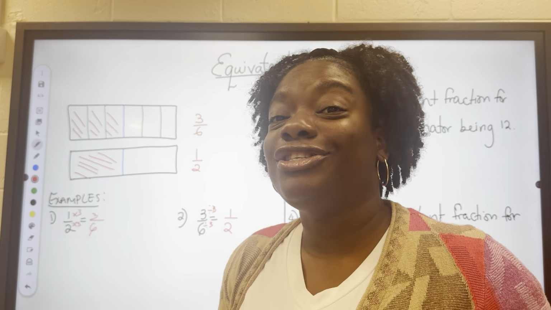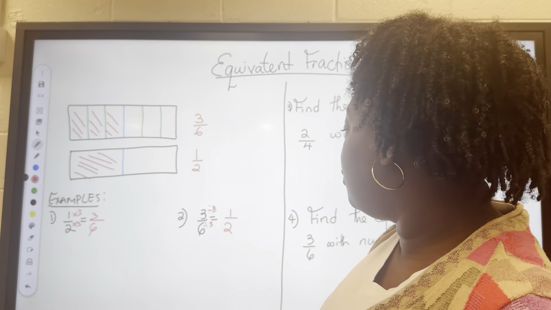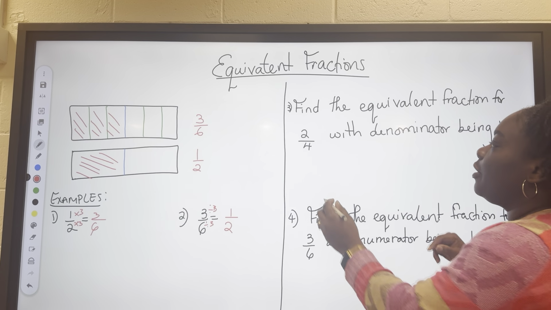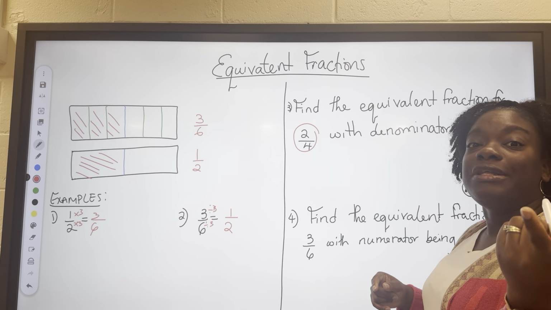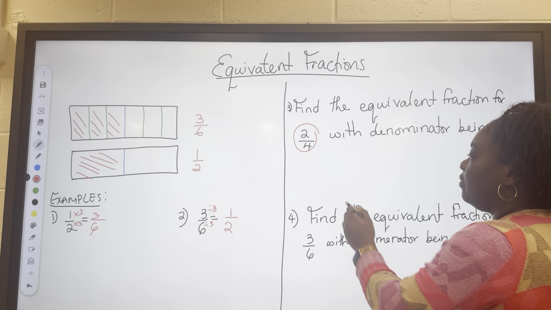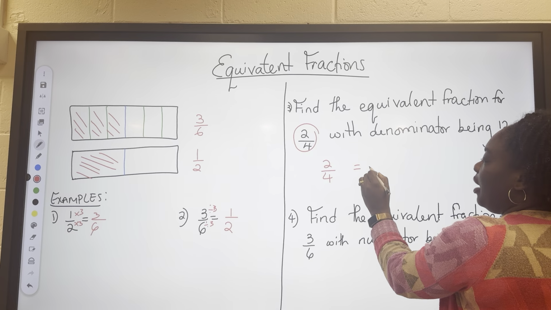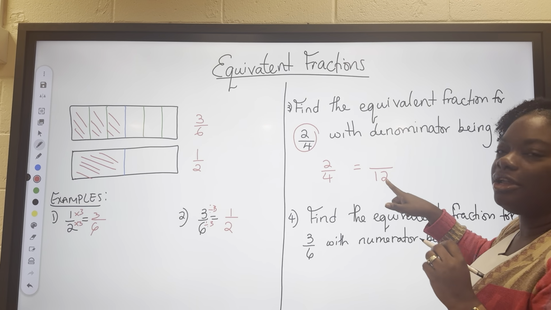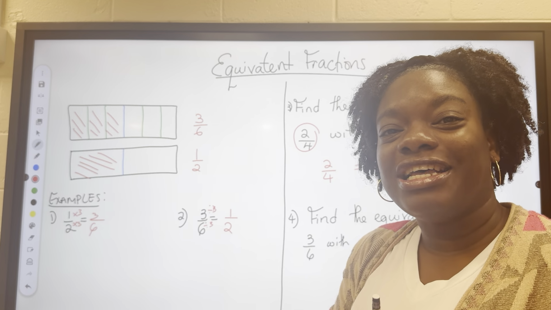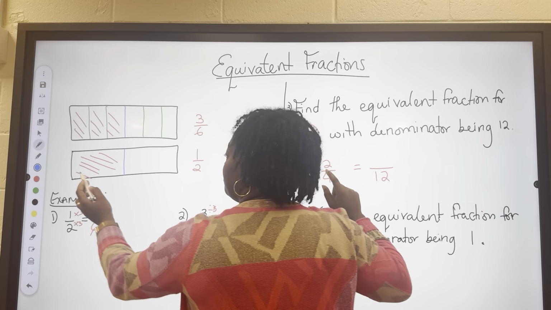But in some cases, you're told to find specific equivalent fractions. Let's look at examples 3 and 4. It says, find the equivalent fraction for 2 over 4, but in this case, they want the equivalent fraction where the denominator is 12. Now, the question to ask yourself is, what did they do to 4 to get 12?